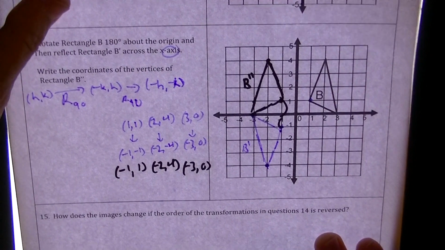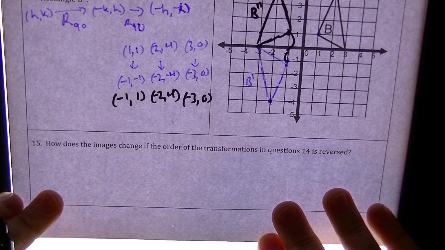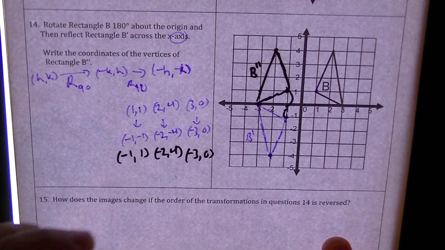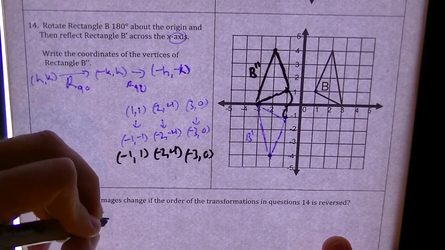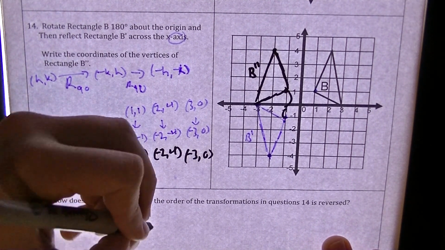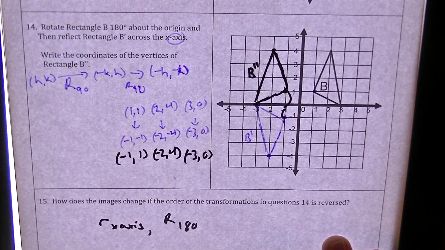All right, finally, how does the image change if the order of transformations in question 14 is reversed? So this wants me to do instead a reflection over the x-axis and then a rotation of 180 degrees.